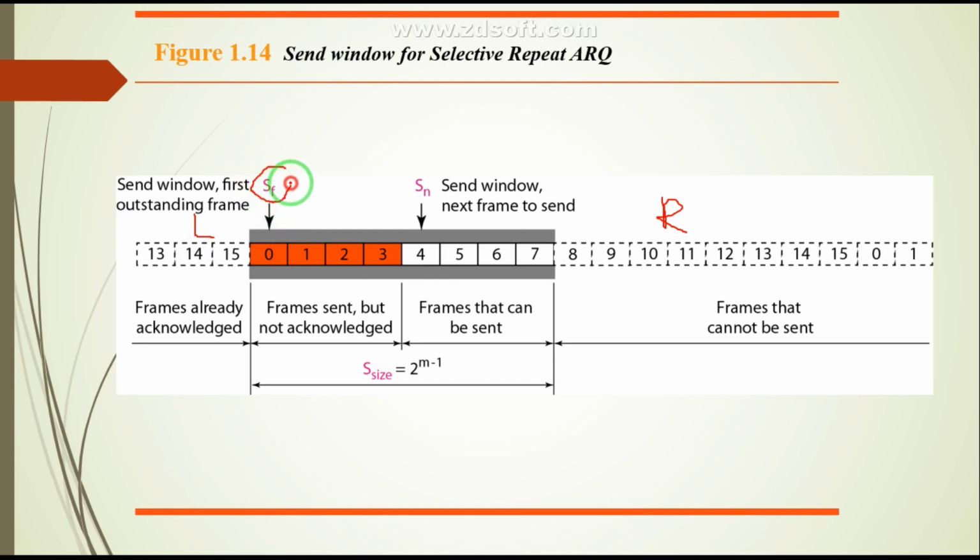SF tells you the first frame of this window. SN tells you the next frame that needs to be sent. And S size is a variable which tells you the size of the window. So over here, the size of the window is 8. The frames shown in orange color are the frames sent but not acknowledged. And these are the frames that can be sent.